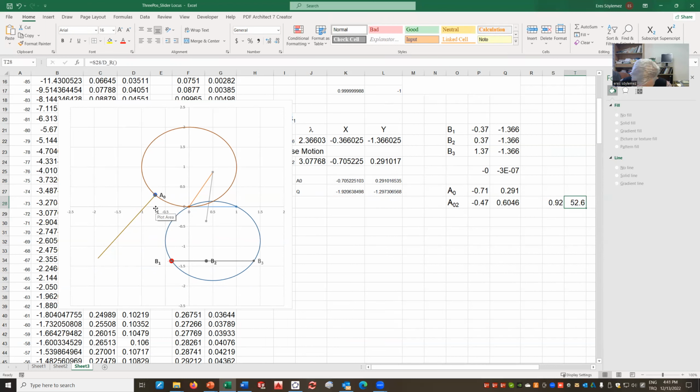Correct? So if you equate y's, the y coordinate of point Q that we are looking for, y1 plus m1 times x minus x1 is equal to y2 plus m2 times x minus x2.